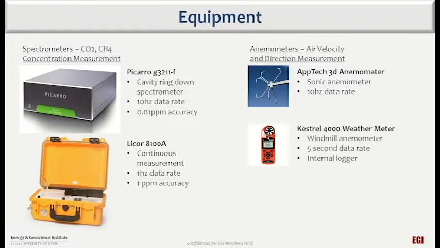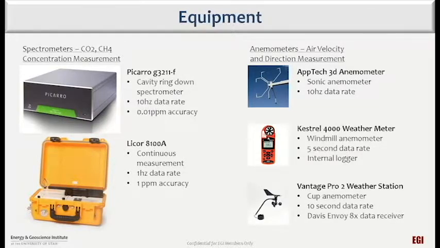Also, we utilize Kestrel's 4000 weather meter, a simple windmill anemometer, and the Vantage Pro 2 weather station, which is a cup anemometer that allows us to remotely record data using the Davis Envoy 8X data receiver. Additional technical specifications, procedures, and issues with the equipment that we encountered along the way can be found in the accompanying equipment video of this video series.